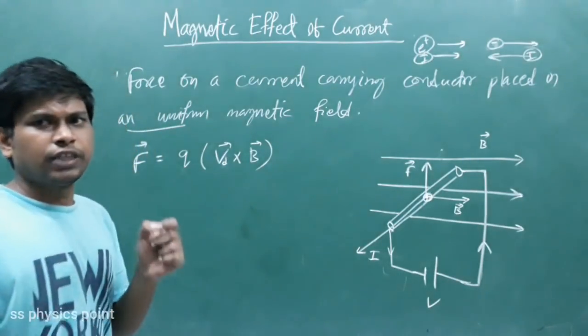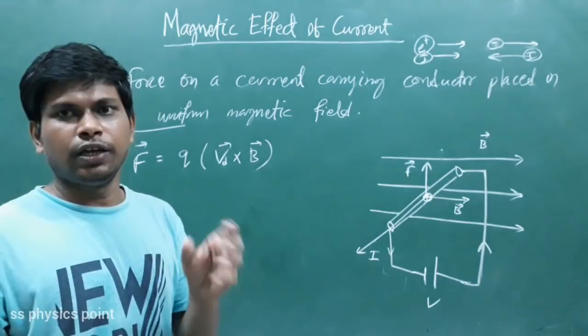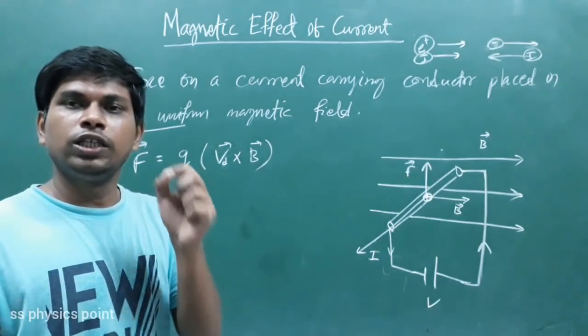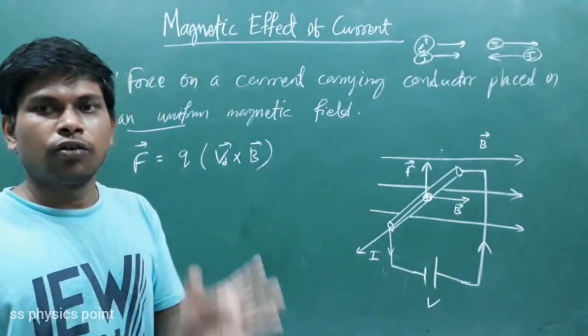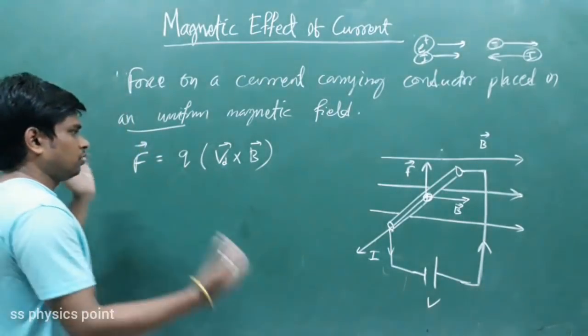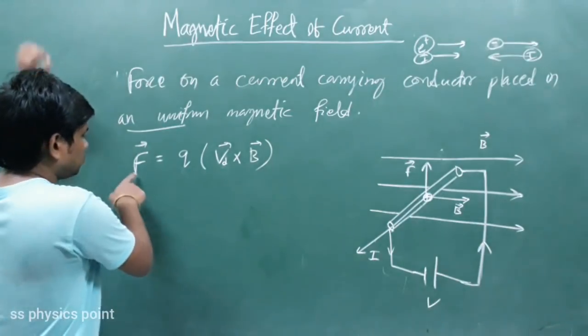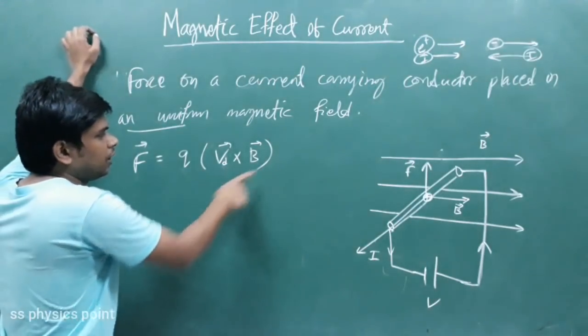Try to understand each and every point I am telling, they are very important. Listen carefully and also write accordingly so that you are not confused. So force equals Q into Vd cross B.